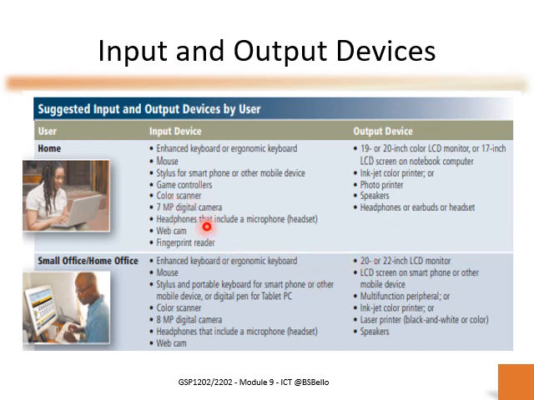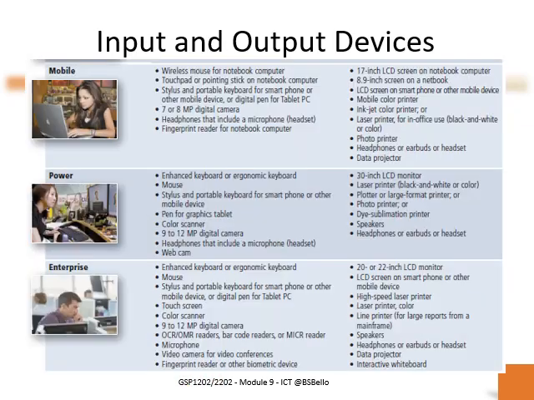Here, when we say headset, we mean headphones that include a microphone. The microphone is the input device, while the headphone is the output device. When we talk about a small office, the user may require a bit bigger screen, and it could have the same as a home user.